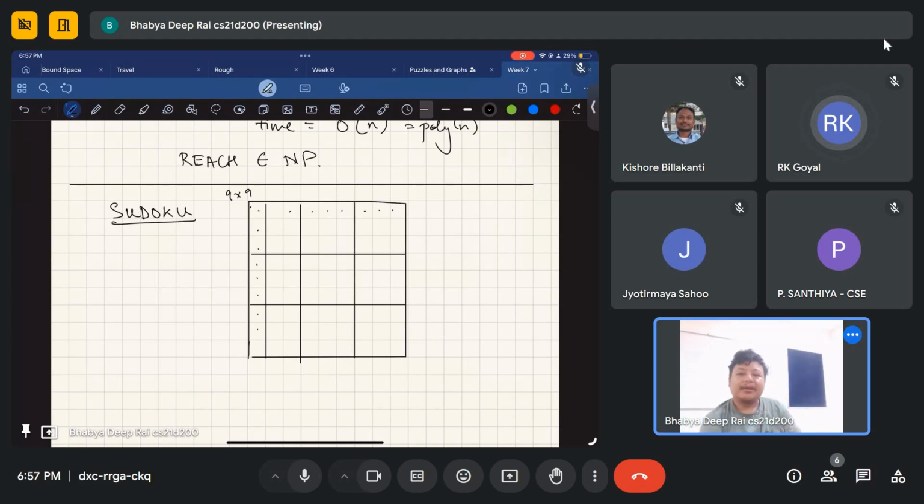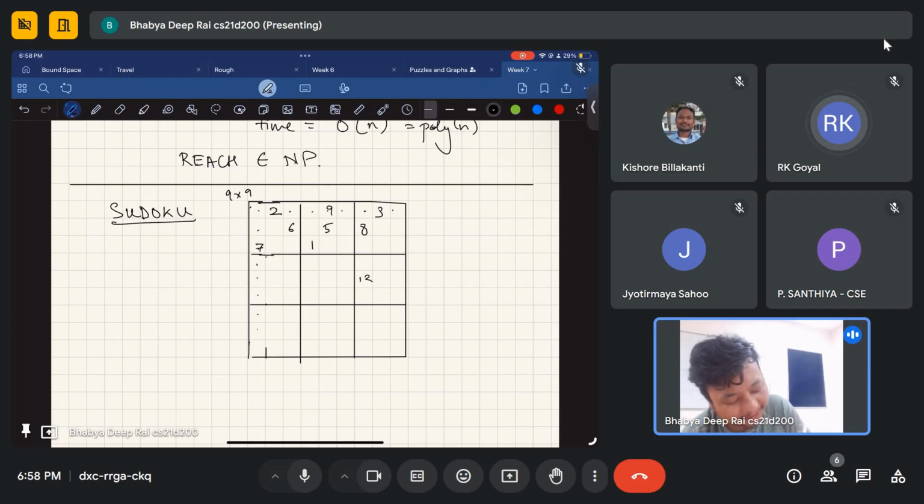There are 9 rows and 9 columns, and there are numbers here. For example, 2, 9, 3, 6, let's say 5, 8, 1, 7.